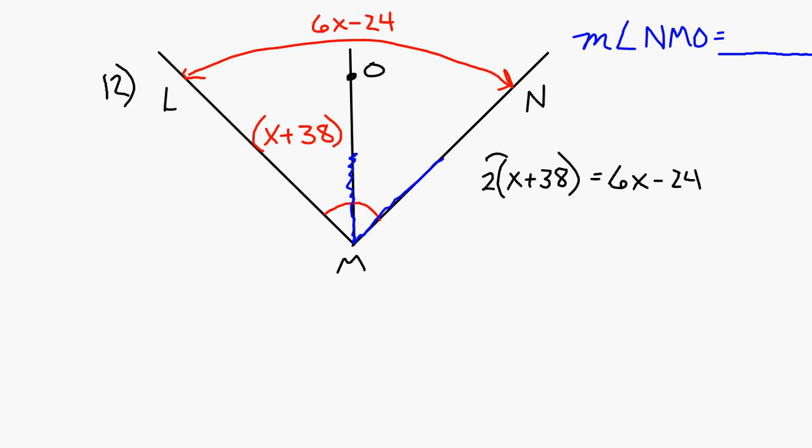Remember the distributive property? 2 times x is 2x. 2 times 38, 76, equals 6x minus 24. Subtract 2x from each side.